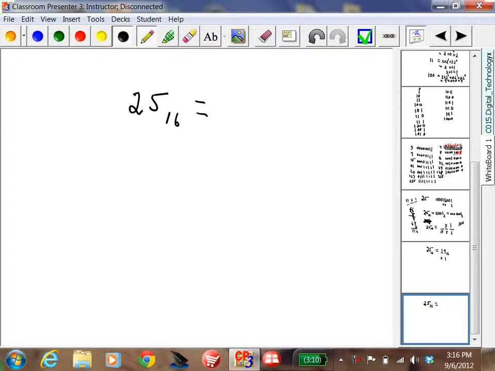And it's going to be very simple once you get it. You'll be able to do this without thinking. 2 times 16 is 32, plus 5, 37.